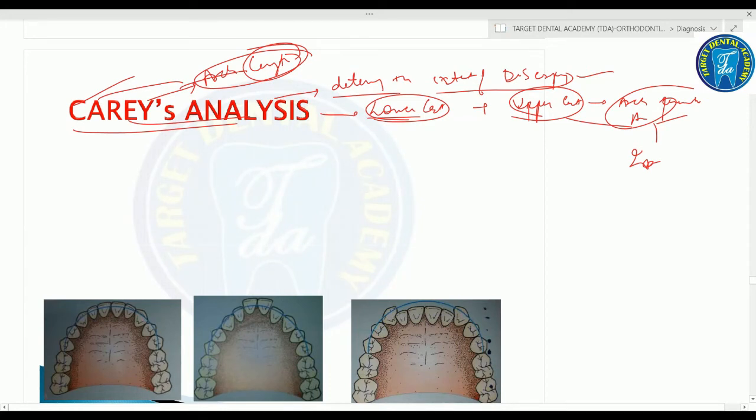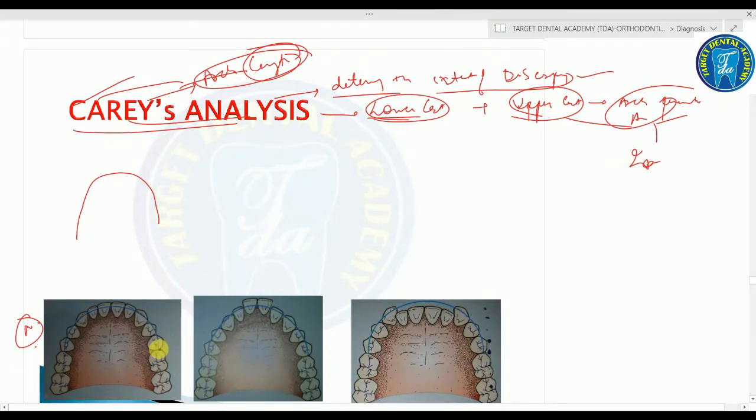For the arch perimeter analysis, we usually measure from the anterior surface of the molar. Fine. In this, we usually take a soft brass wire to measure the arches or the arch length. So this one is the normal, in which the anteriors are well aligned.